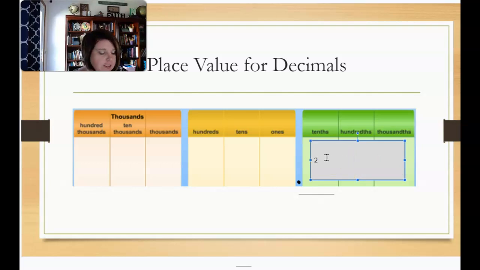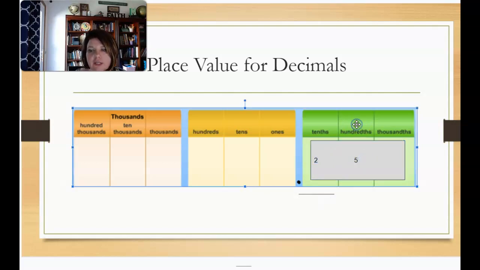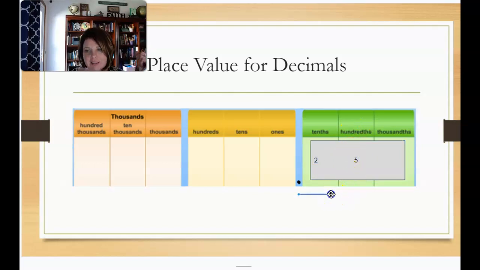The hundredths tells me a little bit less than 2 dimes is 5 hundredths or 5 pennies. If I keep on going over to the right to what's called the thousandths place, well, the value of the thousandths place is less than the value of 1 cent.